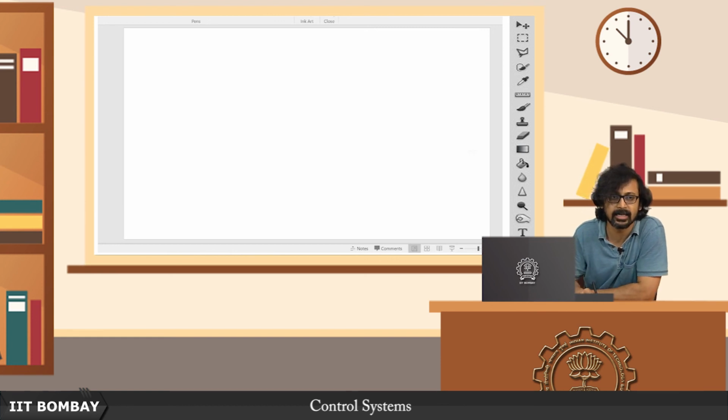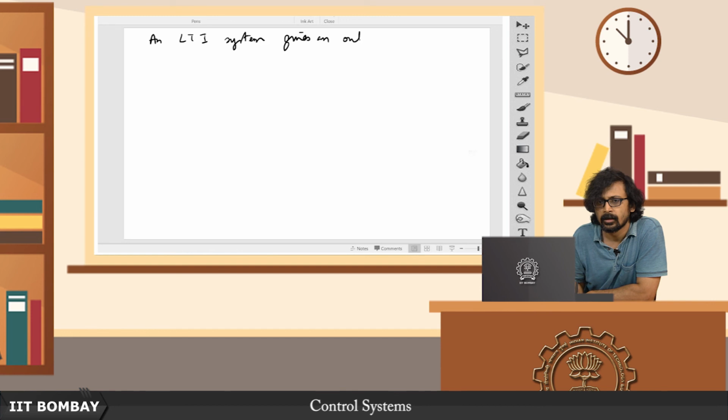So let me just summarize that important statement here. An LTI system gives an output of the same frequency as that of the sinusoidal input.